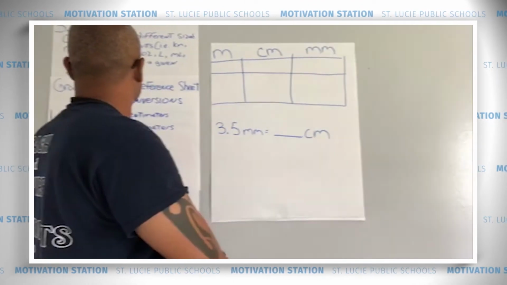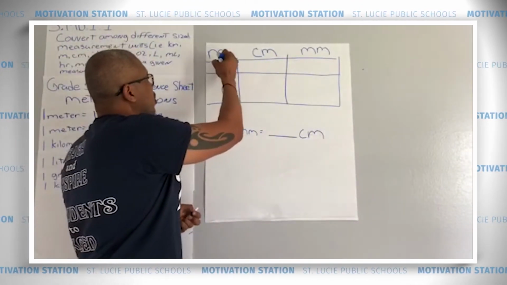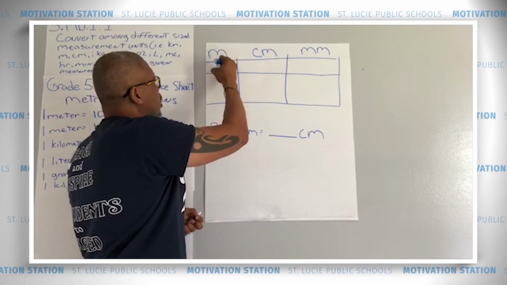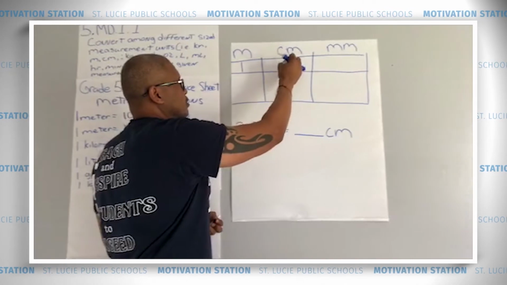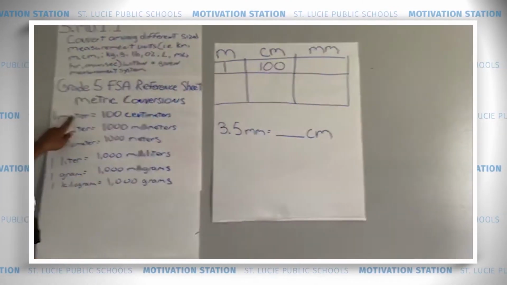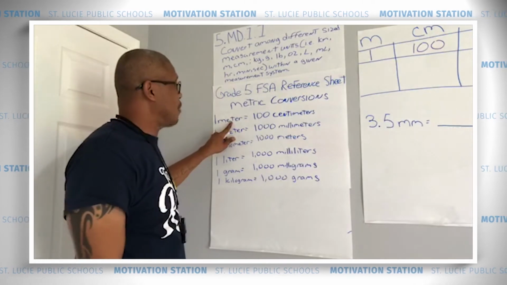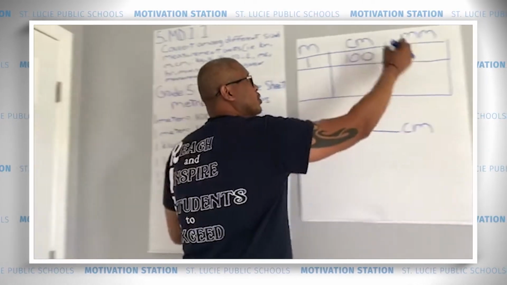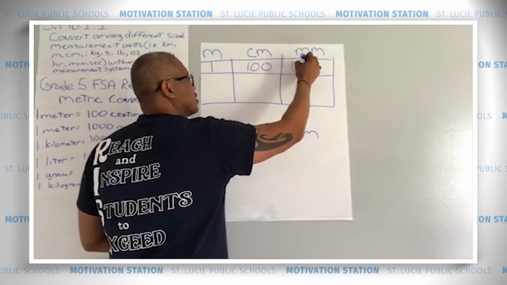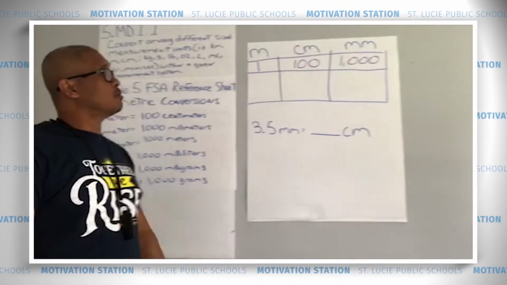All right, let's get going. So if I said that 1 meter equals 100 centimeters, again, I'm just referencing back. I just so happen to know that conversion. And 1 meter equals 1,000 millimeters.